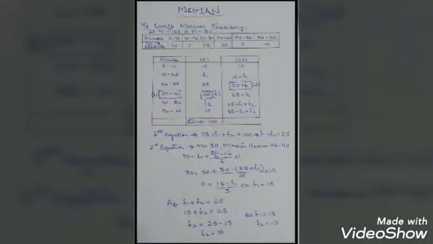That is what I have taken. Now you know very well that your CF is 35 plus f1, your f is 30, your L1 is 30, and your I is the difference between 30 and 40, which is 10.